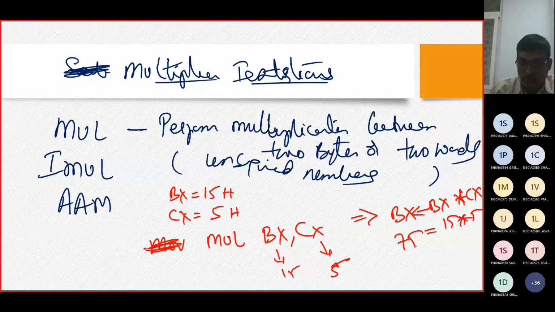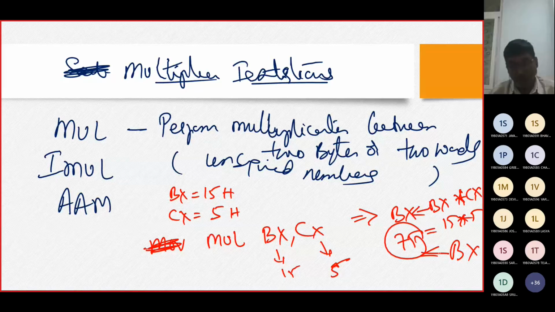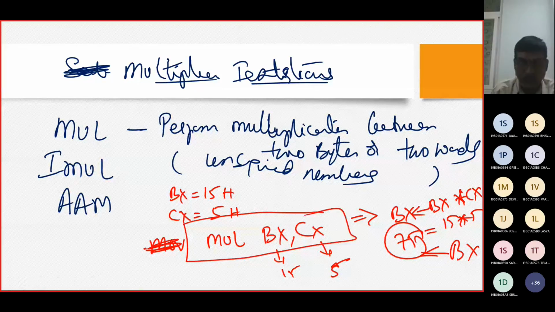So 75 is going to be stored into the BX. What we used to do was just in an English-like language, but here we are emphasizing the same content in the assembly language.